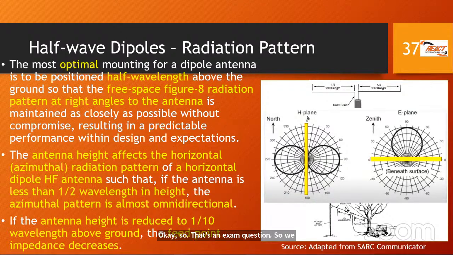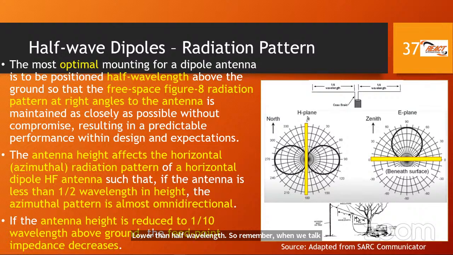So we did say that the height of this antenna above the ground is important. If it is that we were to somehow mount this horizontally polarized dipole antenna lower than half wavelength. So remember, when we talk about half wavelength, we talk about the frequency of operation, right?